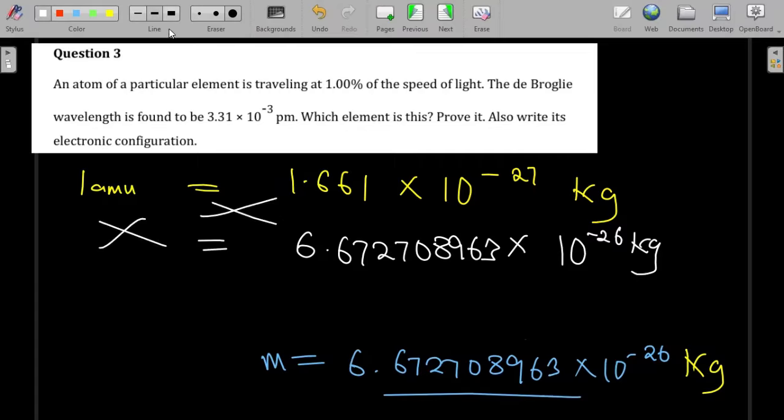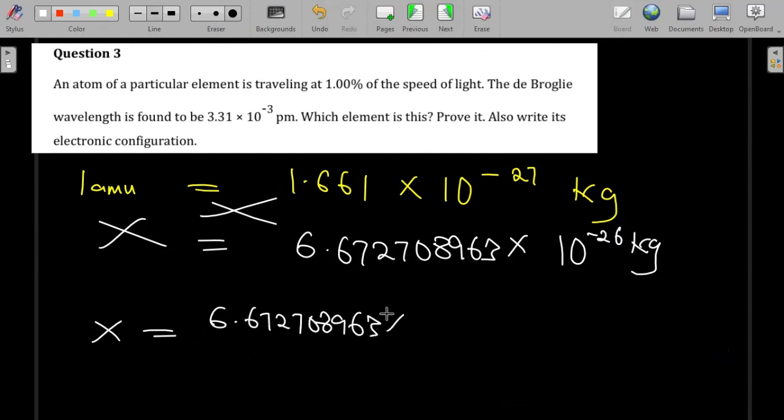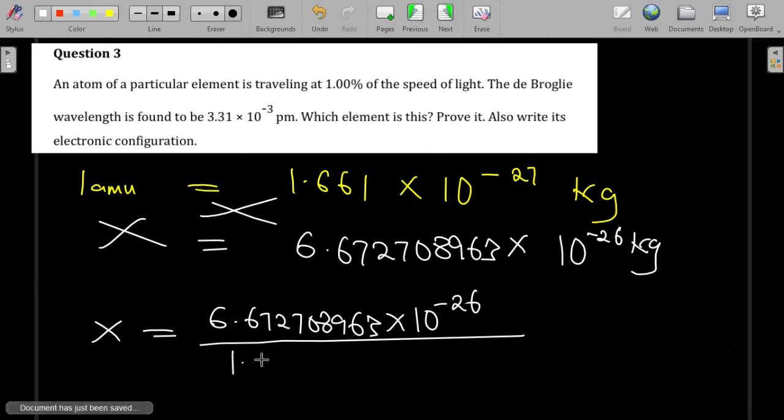Cross multiply, so x is equal to 6.67270893 times 10 to the power minus 26 divided by 1.661 times 10 to the power minus 27. That is going to give us the atomic mass units.